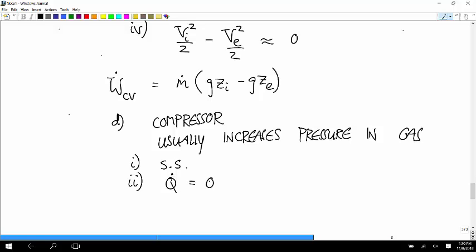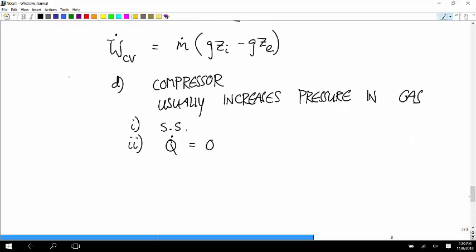Again, there's electrical work coming in, so you can't zero that out. We're going to assume that the effect of a change in height isn't going to be a big deal compared to the other things, so g times the change in z, we're just going to leave that off.